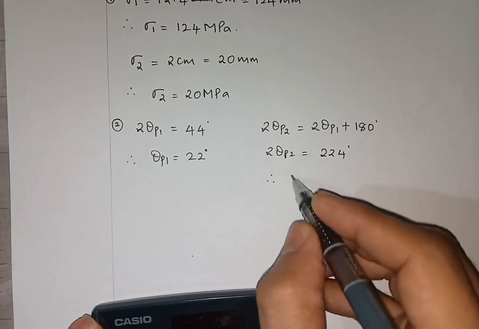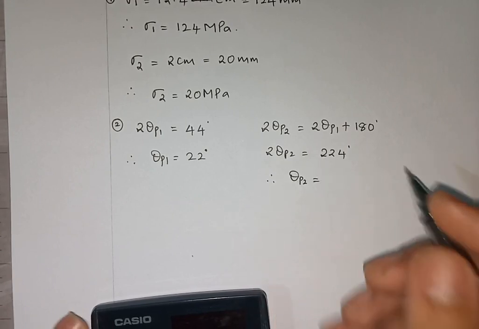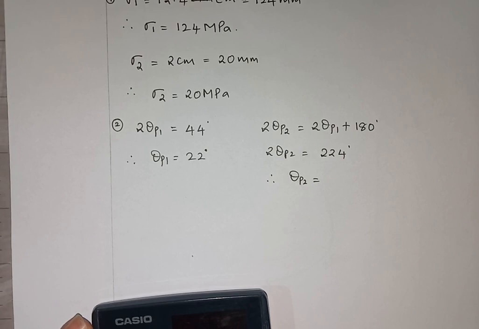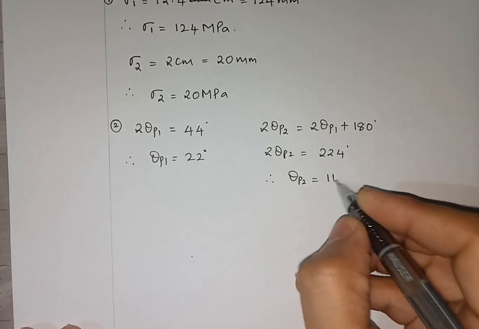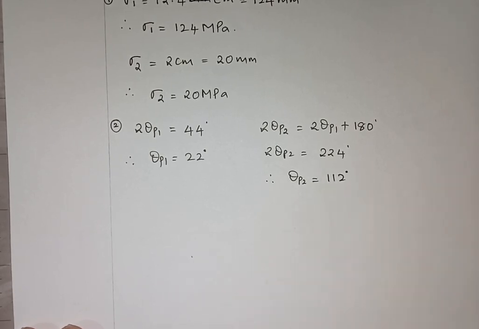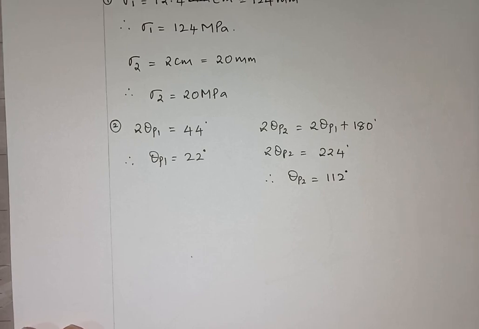Therefore theta p2 will be equal to 224 divided by 2, that is 112 degrees. Right? So 112 degrees. Now, after locating theta p1 and theta p2, let us go for the third point.